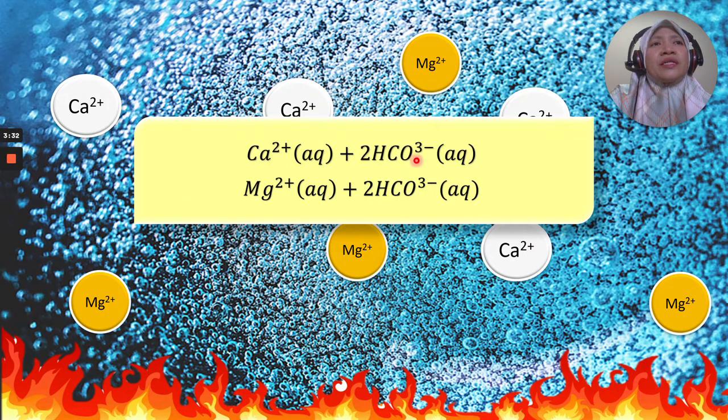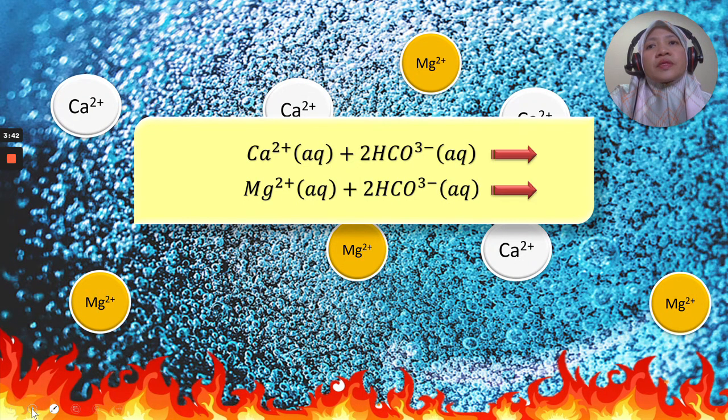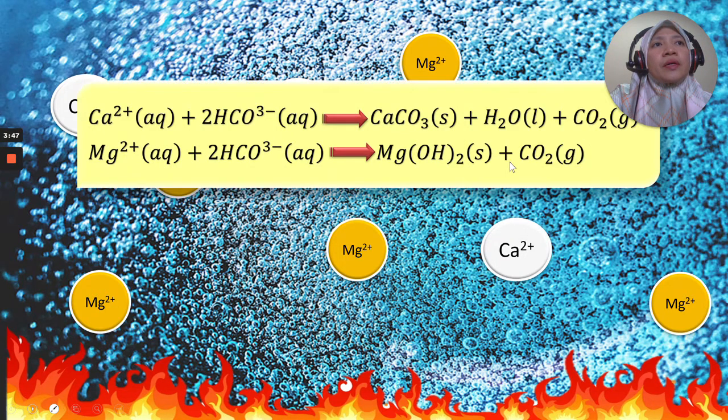When calcium and bicarbonate ions, and magnesium and bicarbonate ions combine, they will precipitate and form calcium carbonate and magnesium hydroxide.